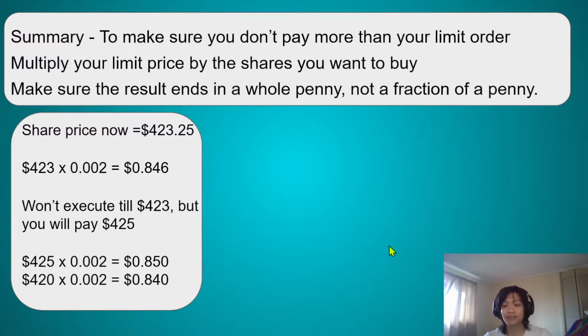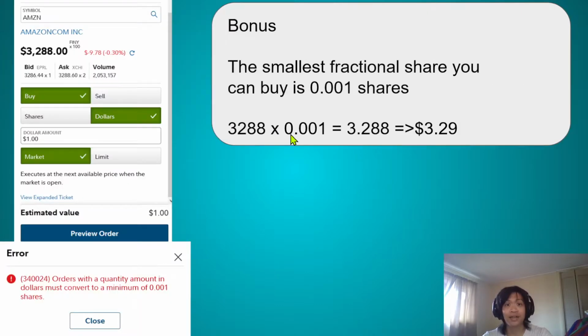And also one last thing, a bonus. For fractional shares, the smallest fractional share you can buy is 0.001 shares on Fidelity. For example, if you have a stock with a really high price per share, like Amazon right now, it's trading at around $3,288.